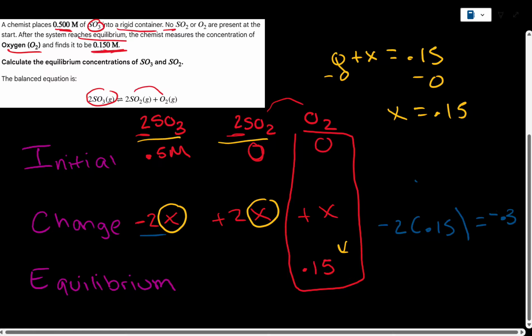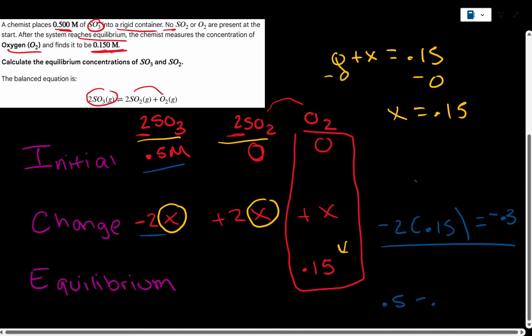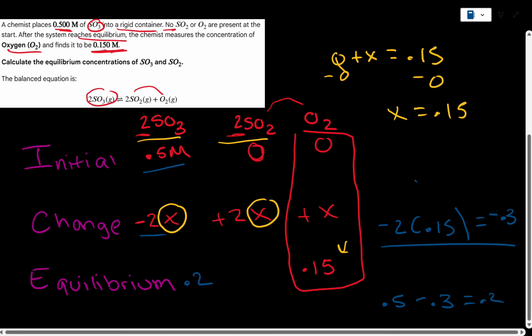And to find its equilibrium, you take the initial and then you implement the change, which is minus 0.3. So it's going to be 0.5 minus 0.3, which equals 0.2. So that's one of them.